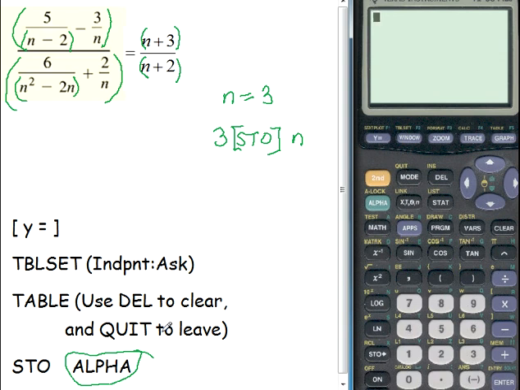You hit alpha first, and if you'll look over the keys, starting with the math key here, each key on the calculator has above it a letter, starting with the math, A, B, C, and then on until you get to Z, which is above the 2. So if you look and find the N, it appears to be above the log.